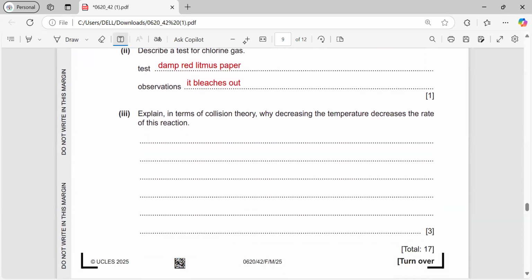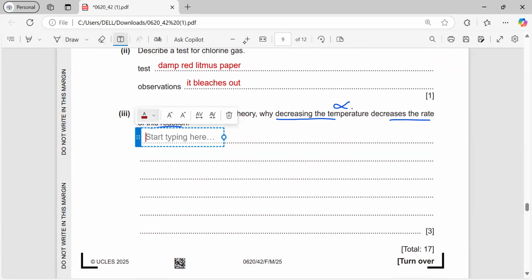Then explain in terms of collision theory why decreasing the temperature decreases the rate of reaction. We know that temperature and rate of reaction have a direct relation with each other. So when temperature is decreased, the rate of reaction will also decrease. But why? We have to explain it in terms of collision theory.